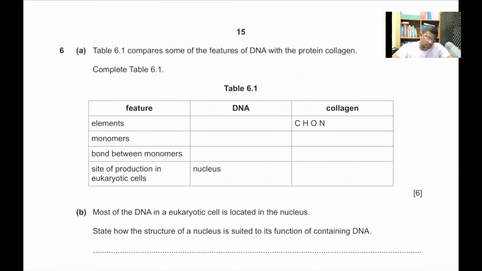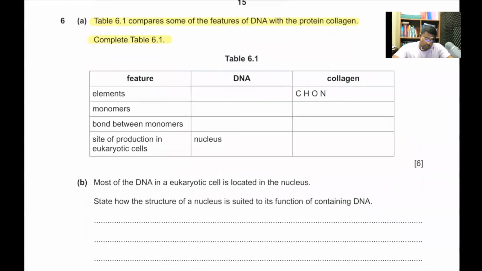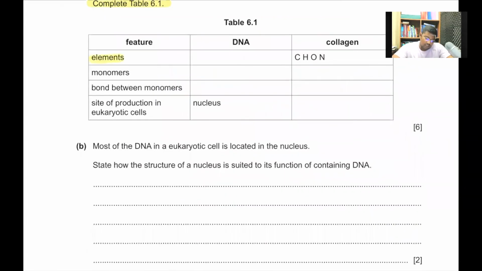Question number 6. Table 6.1 compares some of the features of DNA with protein collagen. Complete table 6.1. Elements: in DNA, there will be carbon, hydrogen, oxygen, nitrogen, and phosphorus as well. Monomers of DNA are nucleotides. And for collagen, it will be amino acids.